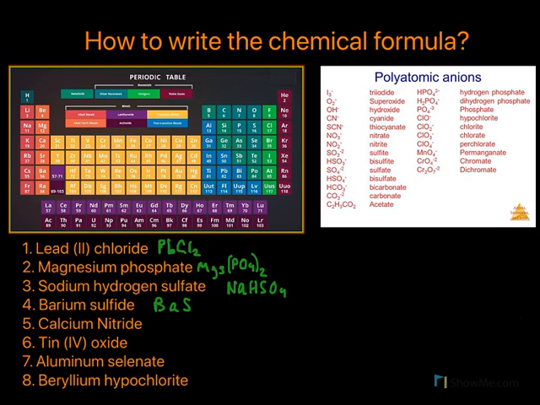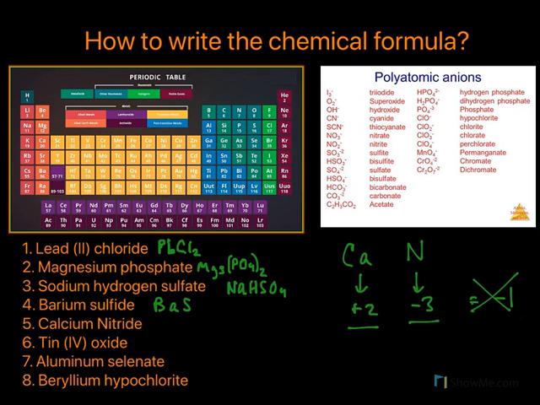Looking at number 5, we have calcium nitride. Calcium is a plus 2 charge. Nitride is a minus 3 charge. So again, we cannot just have 1 atom of this and 1 atom of this because the overall net charge will be a negative 1, so this cannot be.